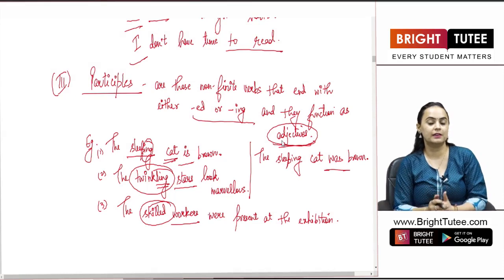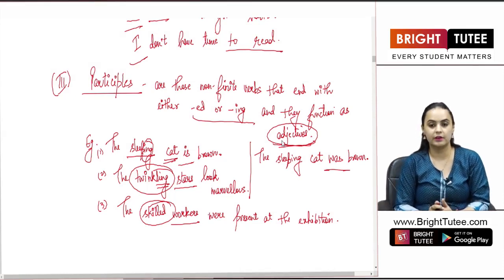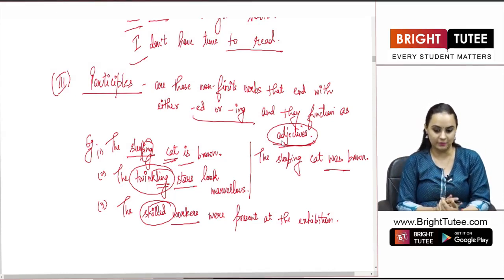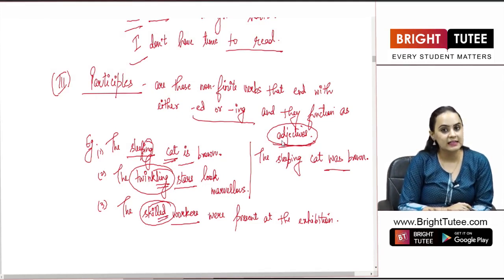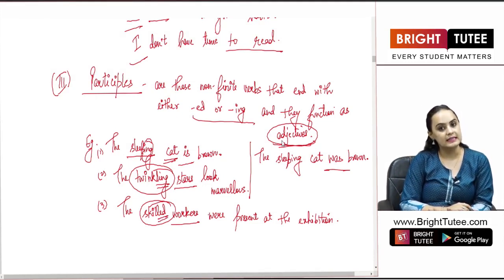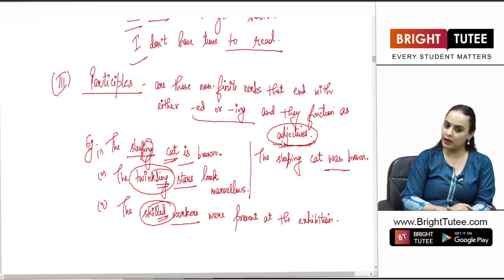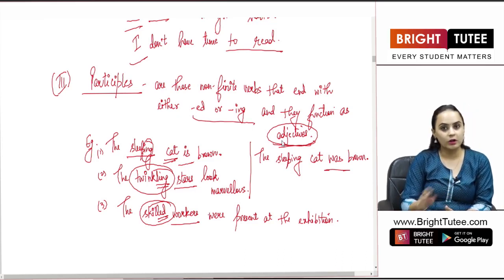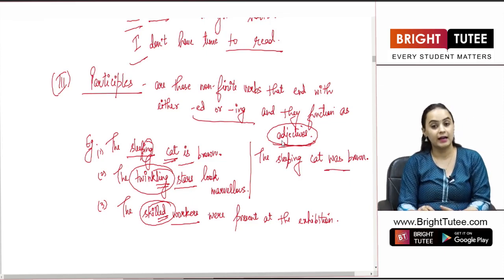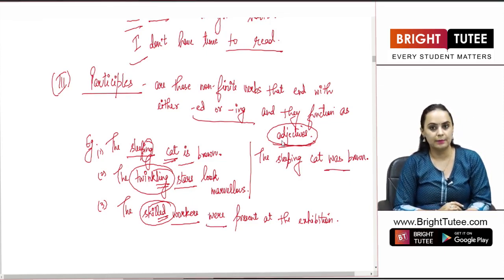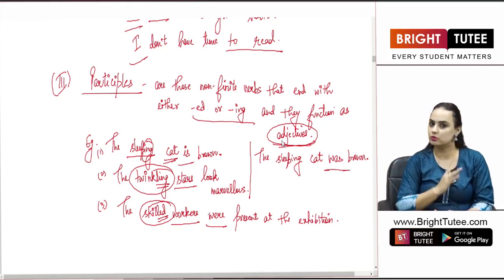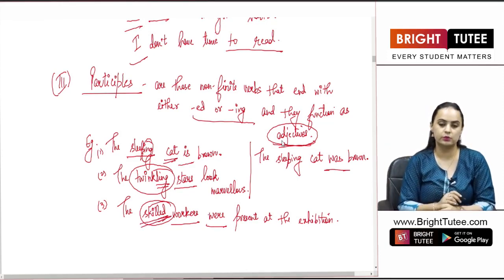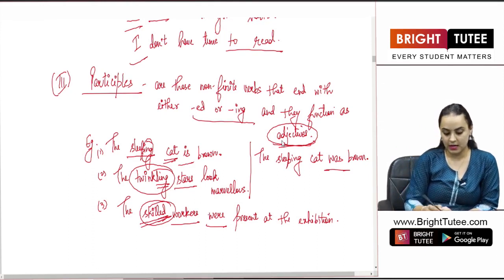Skilled means very capable, smart and well versed. Here, my verb skill ends with an ed. So, this is a participle. It will not change its form even if I write the skilled workers are present at the exhibition or will be present at the exhibition. The word skilled will remain the same.